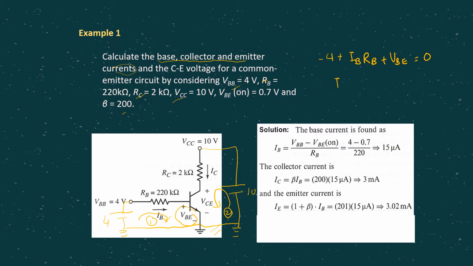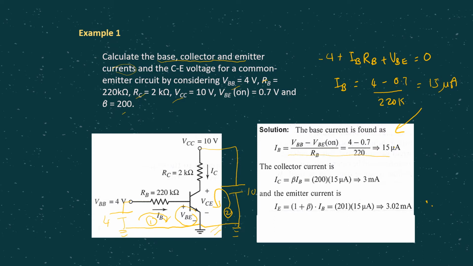So if we were to rearrange this, we are going to get IB equals 4 minus VBE, which is 0.7, divided by RB, which is 220K. Then we are supposed to get IB 15 microampere. This is the same thing like the one that is shown here.